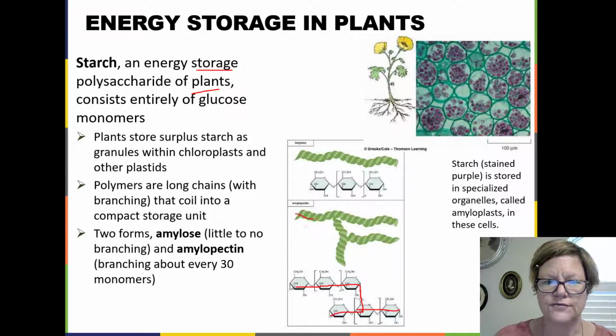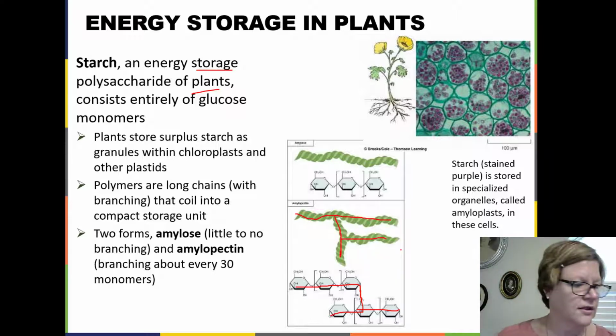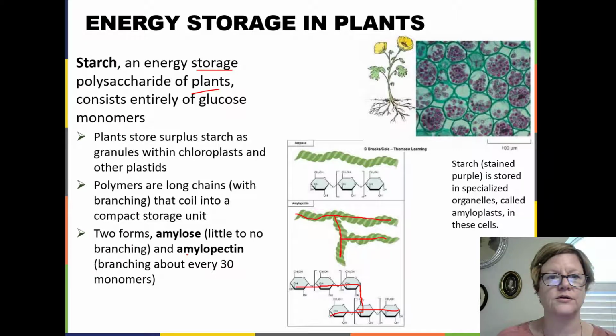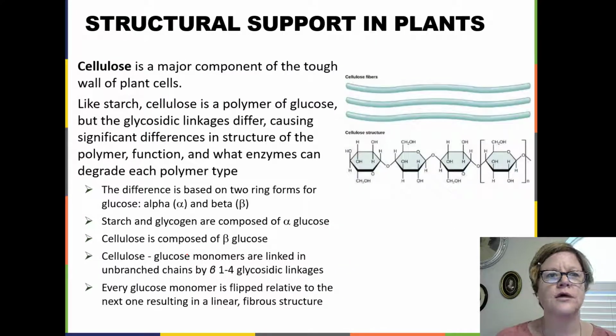And you can see that it's coiled like that. So starch can be branched or unbranched. Glycogen is always branched. But both of them are made of glucose monomers, and both of them will coil in their structure.